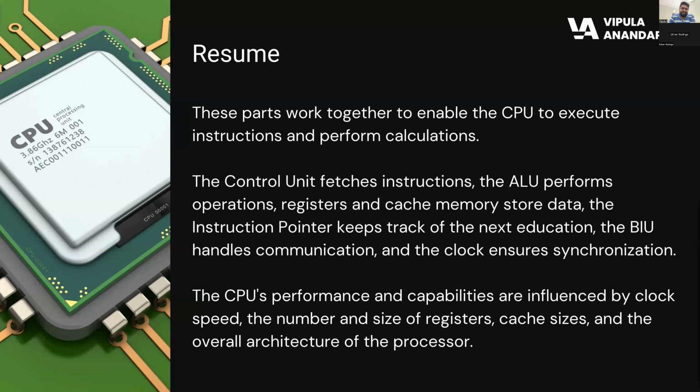Okay, so the CPU's performance and capabilities are influenced by the clock speed, because that's the speed at which a transaction or processing can happen. It is also influenced by the number and size of registers, cache sizes, and the overall architecture.